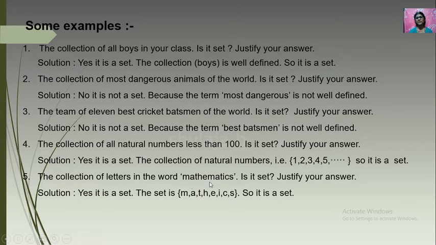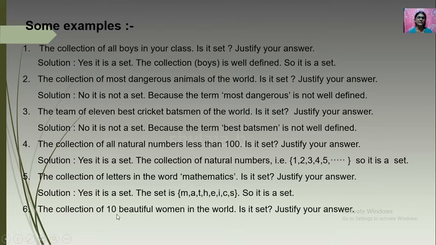M is repeated twice, but we write only once. T is repeated twice, but we write only once like that. So it is a set.